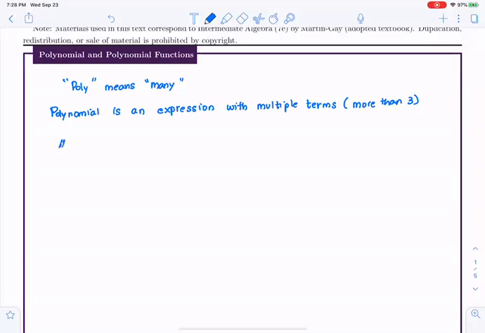So the number of terms, if we have one term, we call it a monomial.